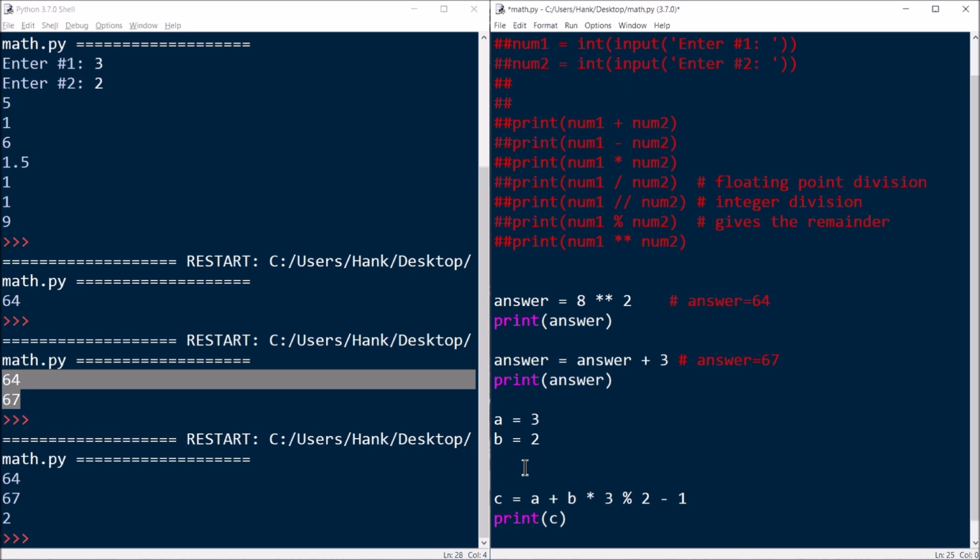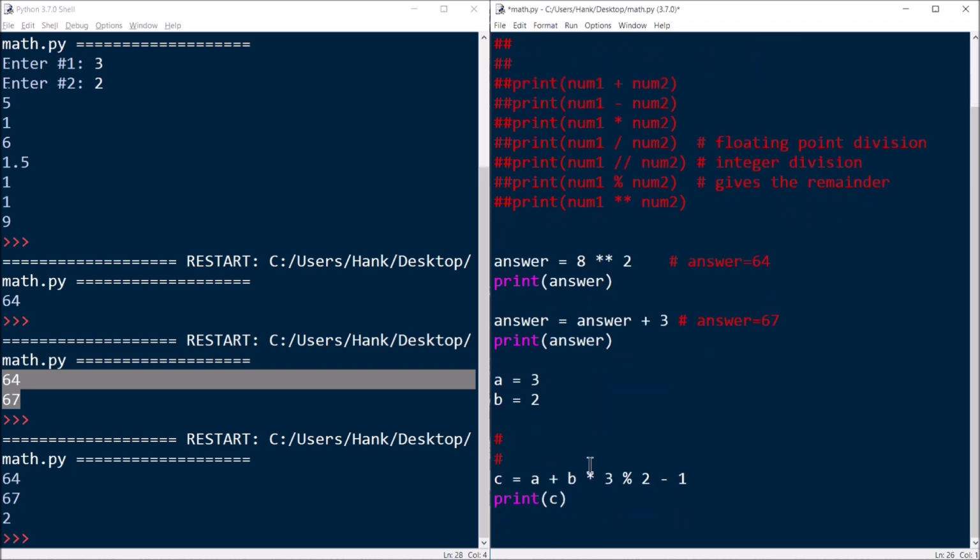Well, let's do the math, right? Let's trace through it. So A plus B, okay, so what's in A and B? Well, in these first 2 lines up here, we assigned 3 to A and we assigned 2 to B. So this is really like saying 3 plus 2 times 3 modulus 2 minus 1, okay? Now what resolves first? The multiplication. So 3 plus 6 modulus 2 minus 1, right?